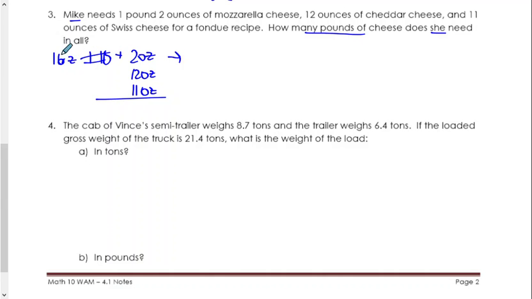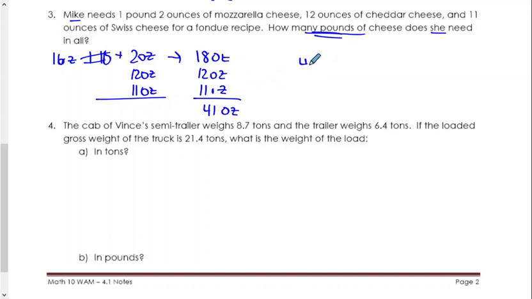So if I have 16 ounces and another 2 ounces, I actually have 18 ounces here. And that other 12 ounces and 11 ounces altogether, I get 41. So 41 ounces altogether.